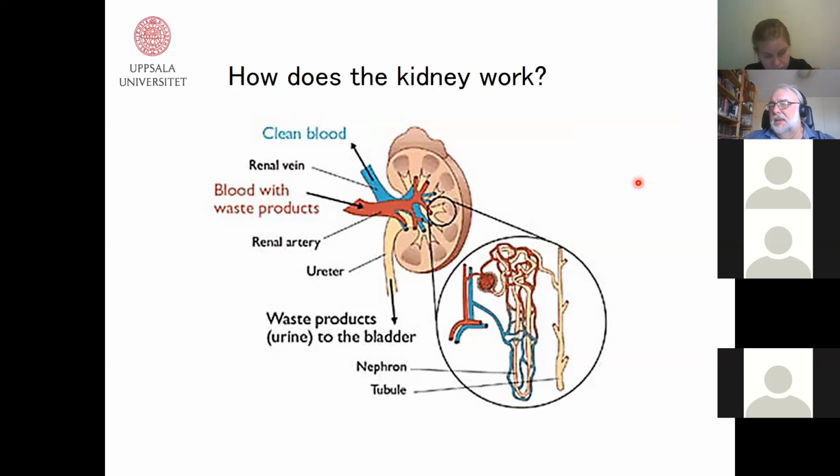Generally, the kidney works as a dialysis apparatus: blood goes through glomeruli, where you have a membrane which acts more or less as a dialysis membrane with a cutoff of around 60 kilodaltons, and everything smaller than that goes to primary urine.